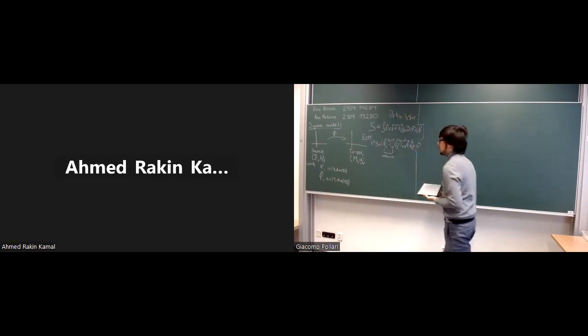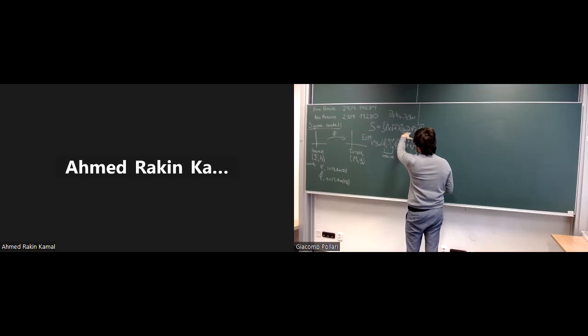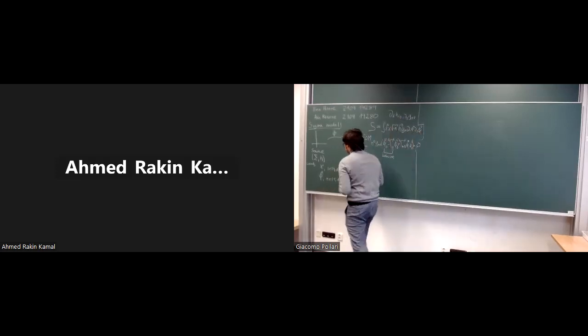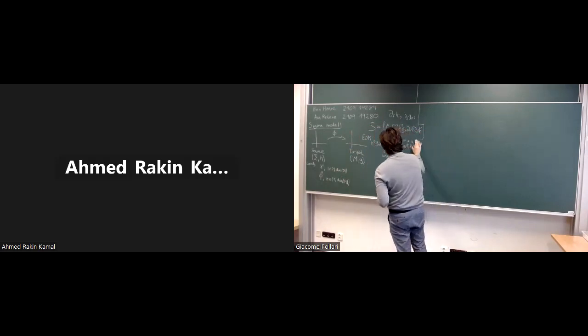So you take this action, you vary it with respect to this field phi, and you just do a generic variation of this action, and then you can do something like this: d phi mu is d_i phi mu delta x. So you just do a variation, and then you pull out all these delta x times in front, and then you get your equation.